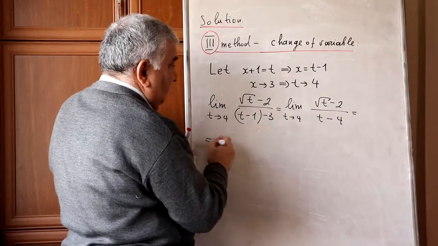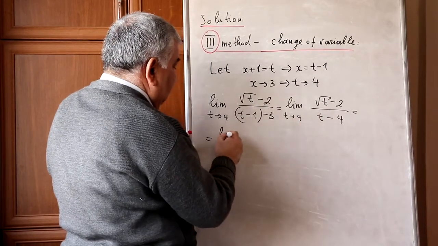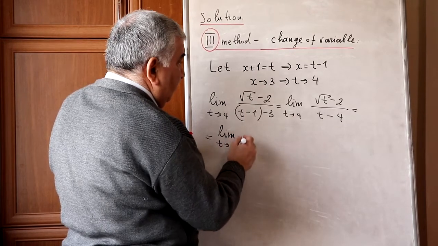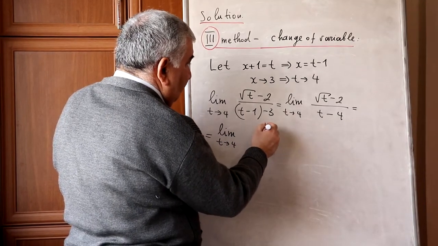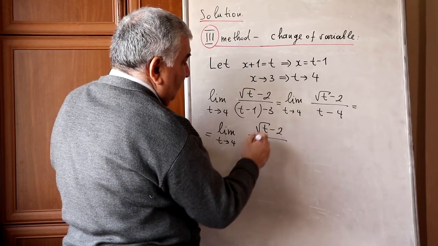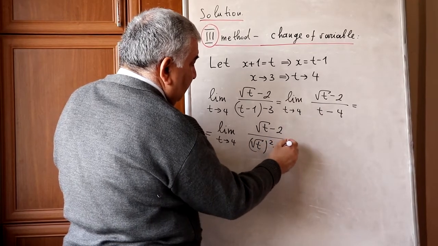Then we can factorize the denominator. Limit when t tends to 4, square root of t minus 2. Here it is square root of t squared minus 2 squared.